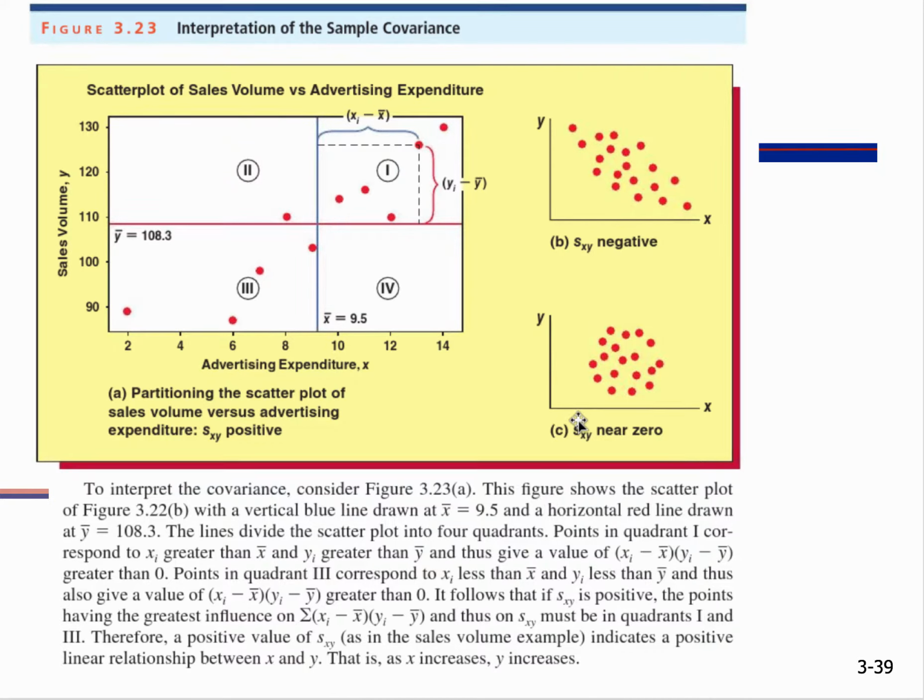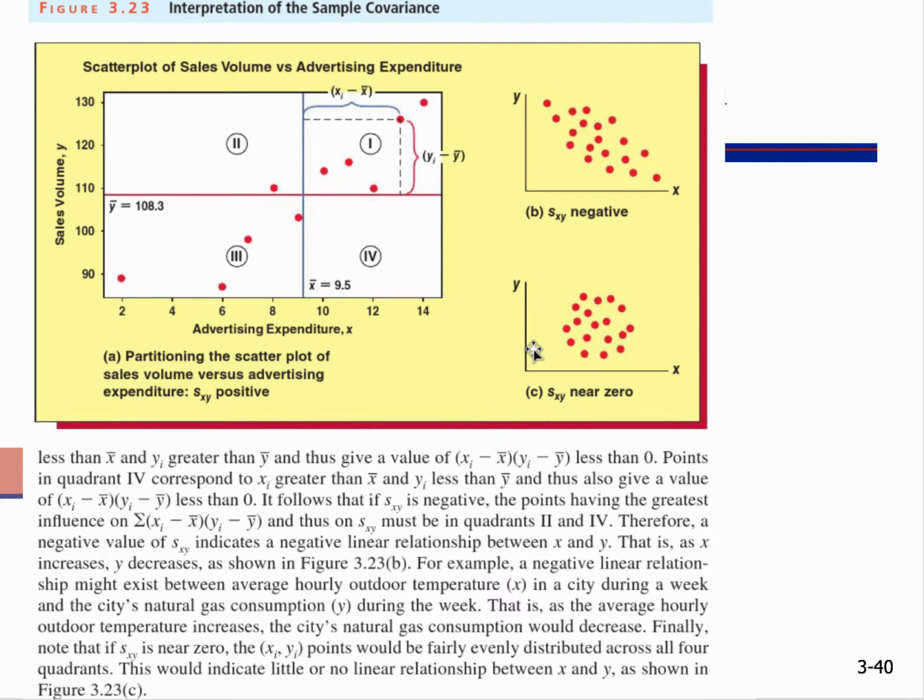The third situation you can end up with is something called a near zero relationship, where there is no relationship at all between x and y. And we're going to give you some rules of thumb for how you can say this is positive, this is negative, and this is no relation at all.